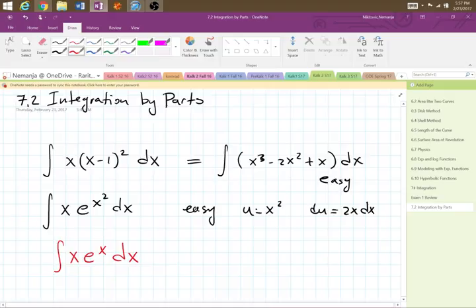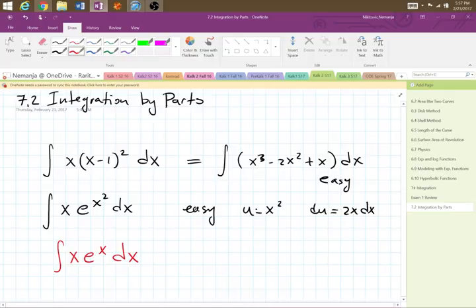You can't do u sub, because the u sub for x is just x, and the derivative of that is 1. We still have an extra x. Back substitution doesn't work, and none of the methods that we did, like splitting the integrals, works. So what are we going to do here for this particular integral?